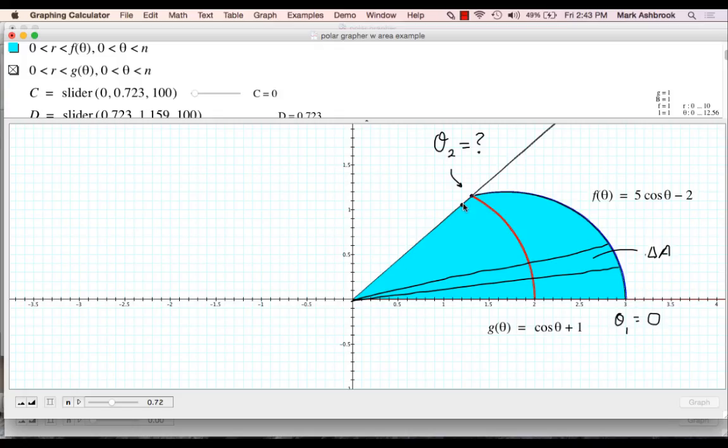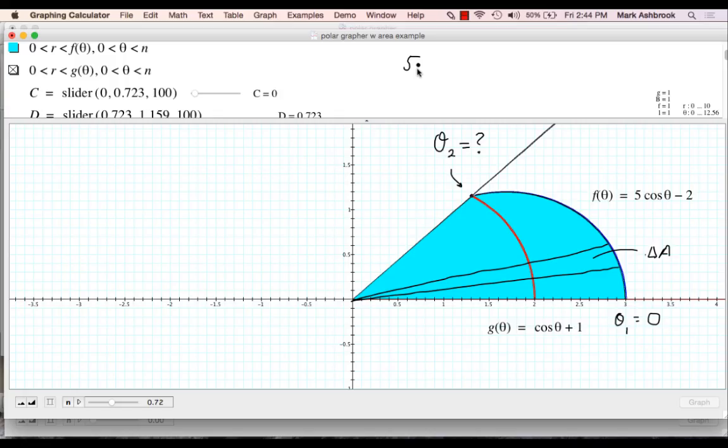That's the angle where these two curves have the same value of r, right? So we're going to set the r's equal, because we want the angle for which r is equal on both these two graphs. You never set equations equal. That doesn't make sense. But what we do want to set equal is the values of r. We're going to set values of r equal to get the corresponding theta.